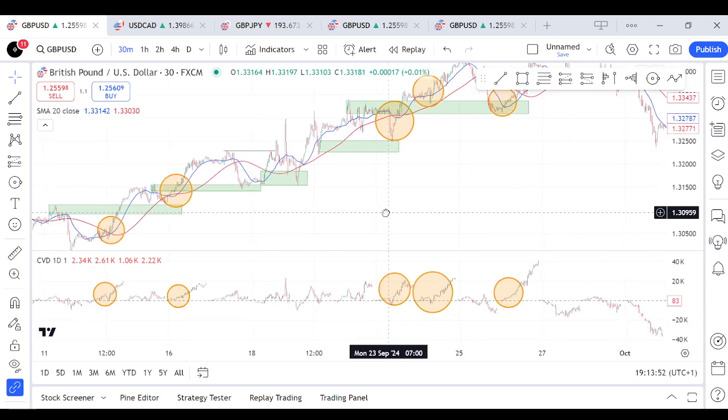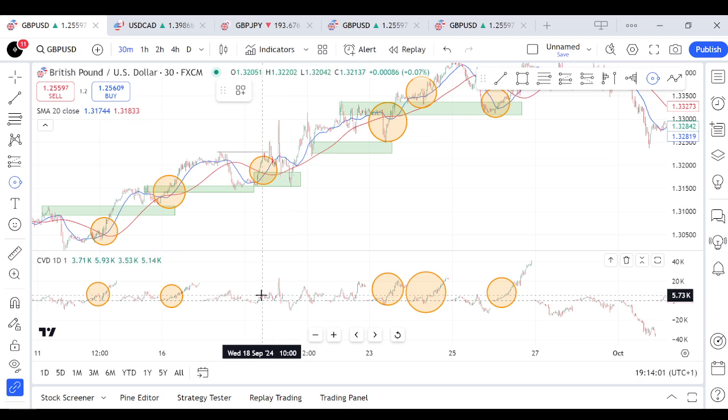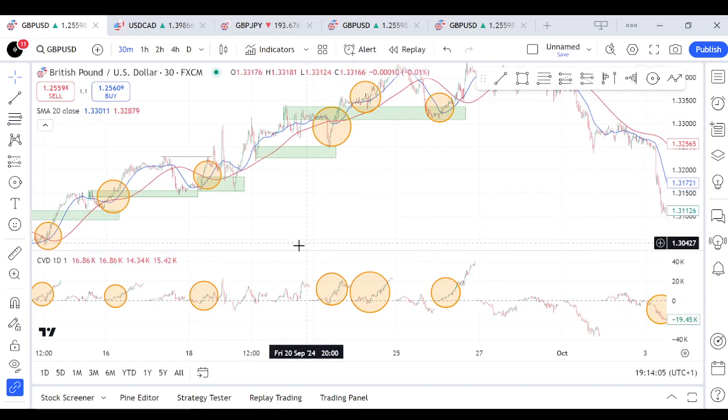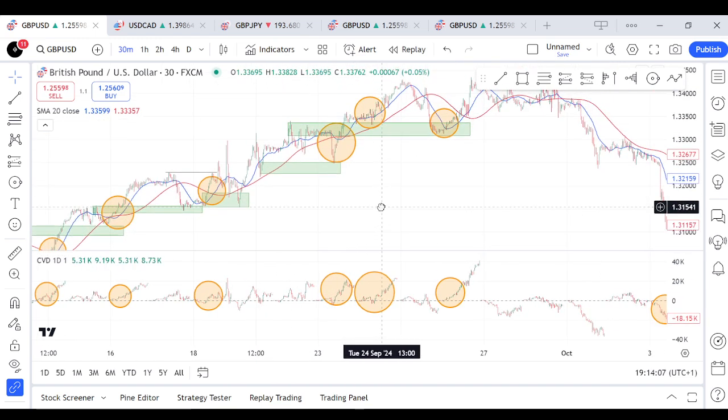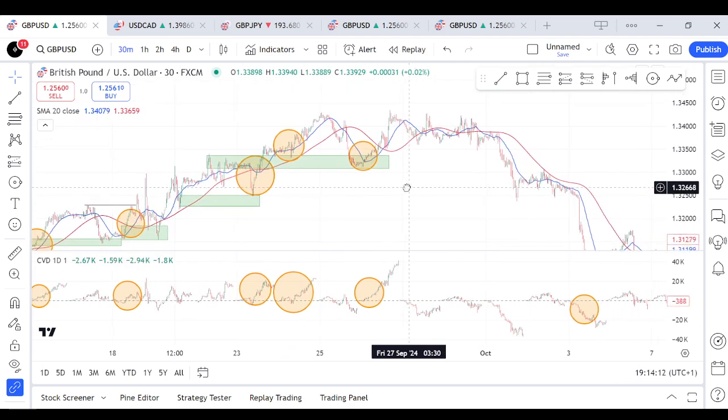And it went on and on. You can see this one have this cross, and have this at the same time, the CVD giving us the rise in buying pressure entering the market, which means that we should be looking for opportunities to buy and enter the market.